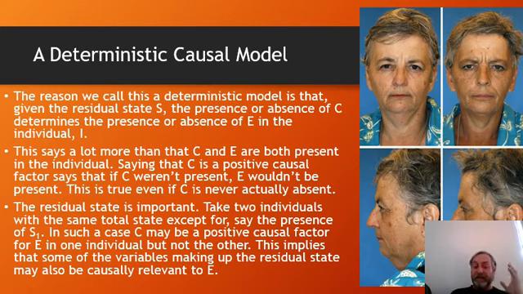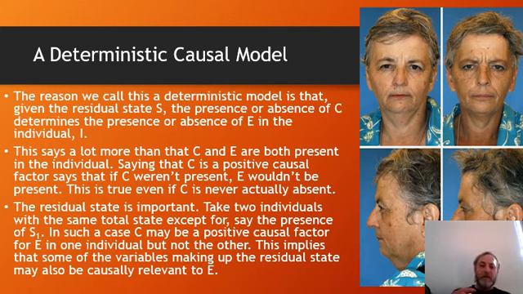If I say my fair skin is a cause of my having skin cancer, that's to say that if I hadn't had fair skin, I wouldn't have had skin cancer. So this is obviously a much stronger and more interesting claim than just mere correlation. Now we're making claims about other possible ways the world could have gone.